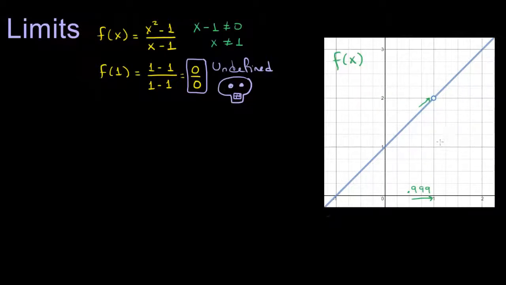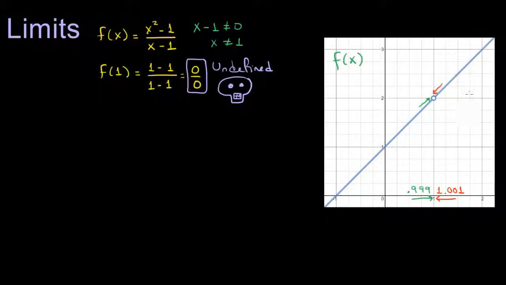I can input a value that's really close to 1 from the other side as well, just a little bit above 1. I could input the value 1.001, and as an output for f of x, I would get really close to the same value of 2.